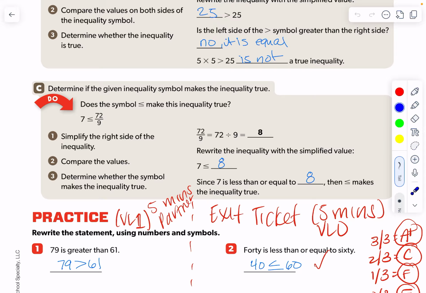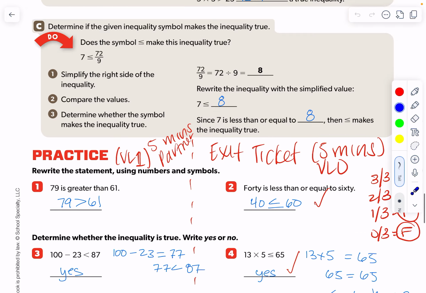So the question that we want to really ask ourselves is 7 less than or equal to 8? Is 7 equal to 8? No, it's not. But is 7 less than 8? Yes, it is. So because 7 is less than 8, then it is a true inequality statement. Okay?